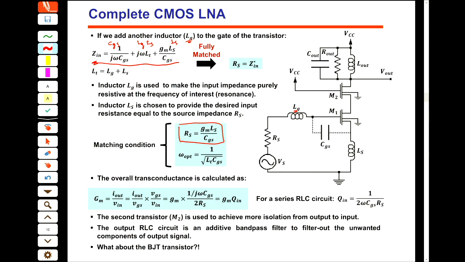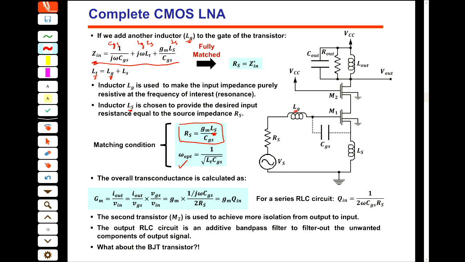Then, by selecting this LS, I can match the real part, and then by selecting this LG, which is a contribution to this L total, I can resonate at the desired operating frequency.